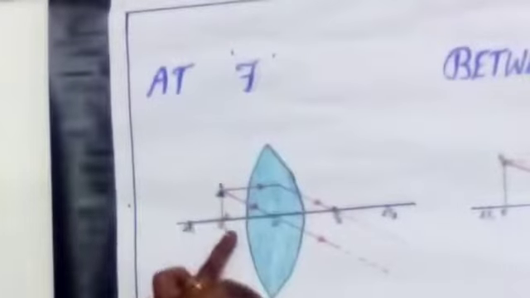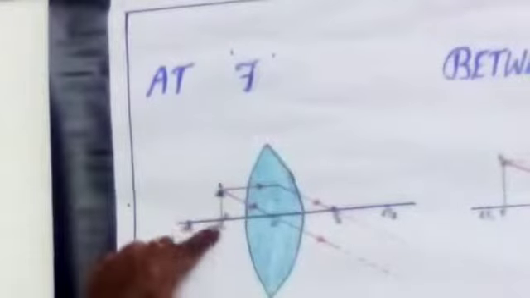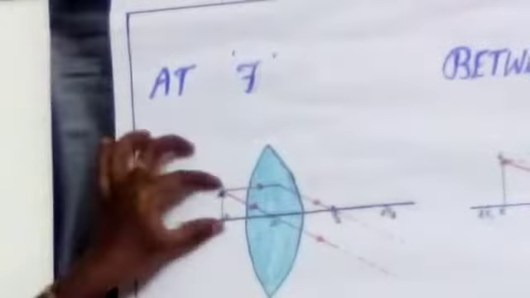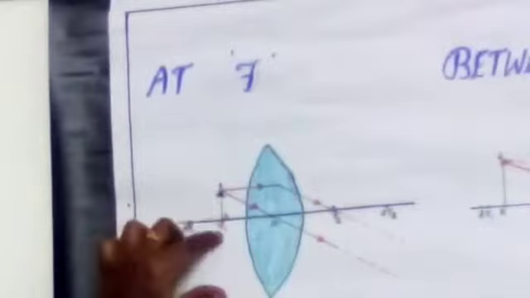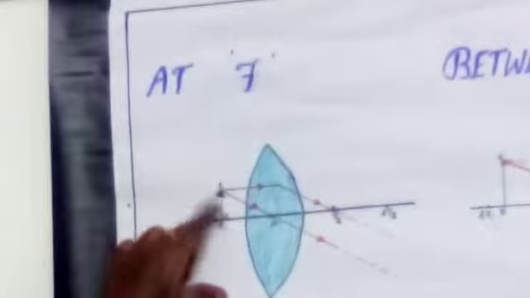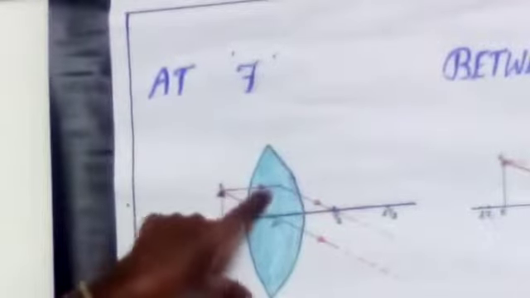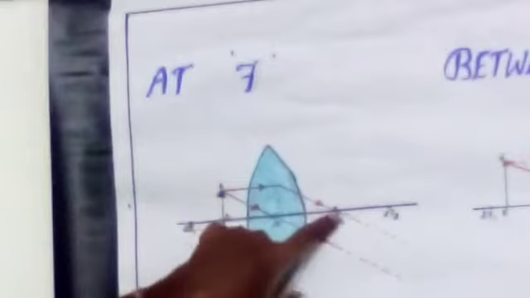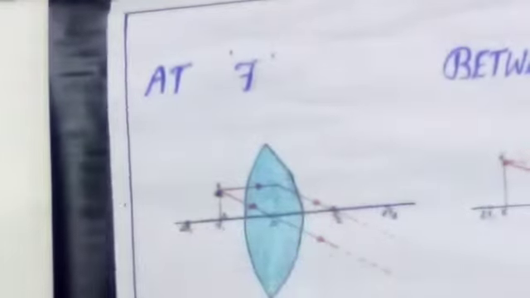Next, the object is at the focus. If you place the object at the focus, where can we get the image? See here, the object AB is placed at the principal focus. From the object, the light ray parallel to the principal axis passes through the principal focus, going to the F2 point on the next side.